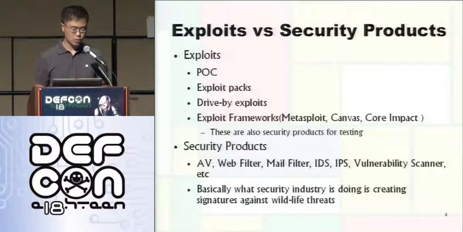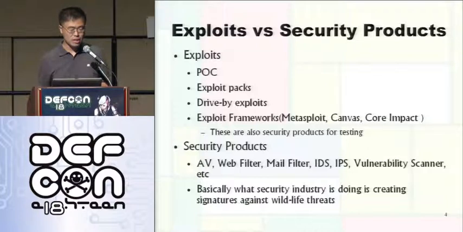Exploit frameworks are also security products for testing. And by security products, I mean antivirus and web filter and mail filter and IDS like Snort, and IPS, and vulnerability scanners like Retina. Anyone remember Retina here? Yeah, a few of them, actually from EI. So Retina, yeah, that kind of stuff.